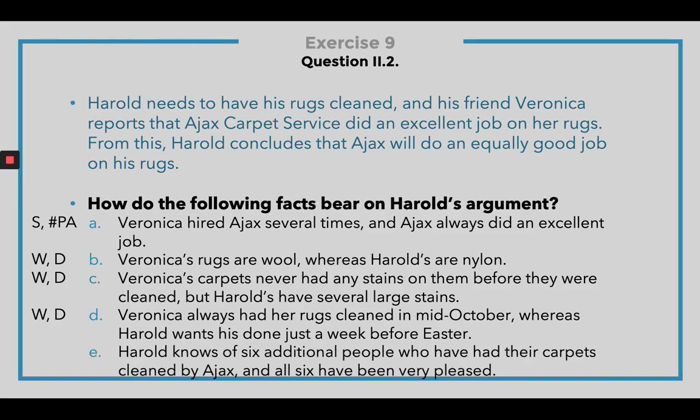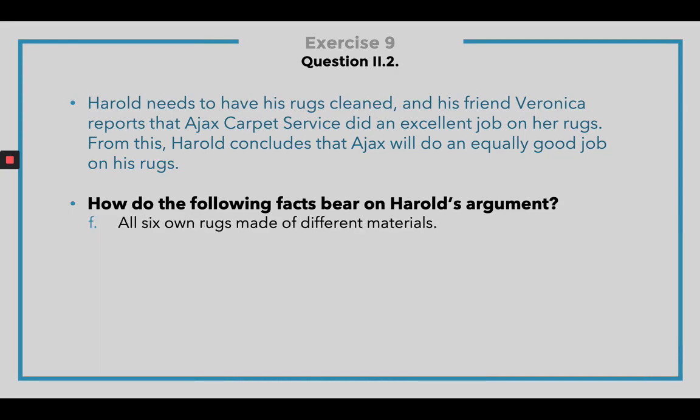E. Harold knows of 6 additional people who've had their carpets cleaned by Ajax, and all 6 have been very pleased. Well, again, another more primary analog, 6 more people, that's going to make the argument stronger. And again, we're increasing the number of primary analogs. Let's say we find out that all 6 of those people own rugs made of different materials. So, wow, now we've got, I think, a stronger argument.